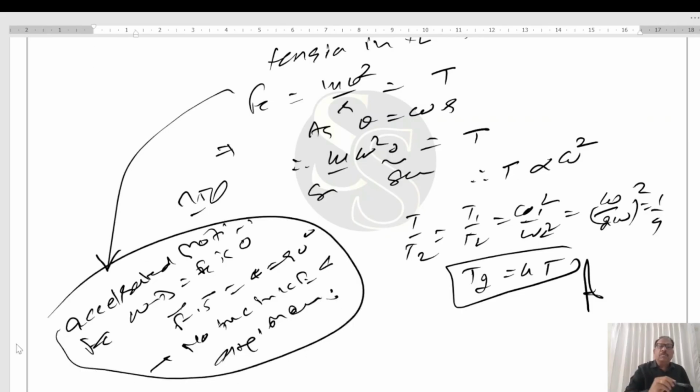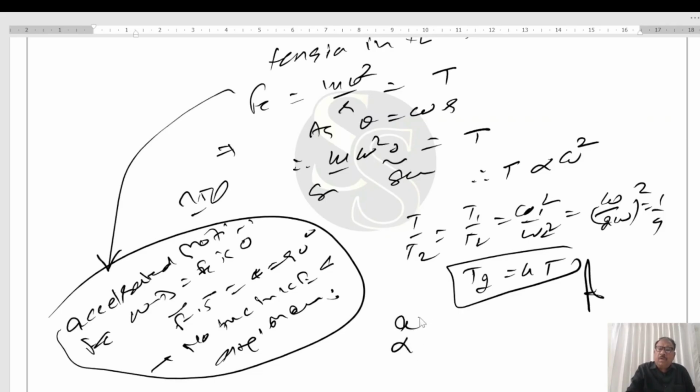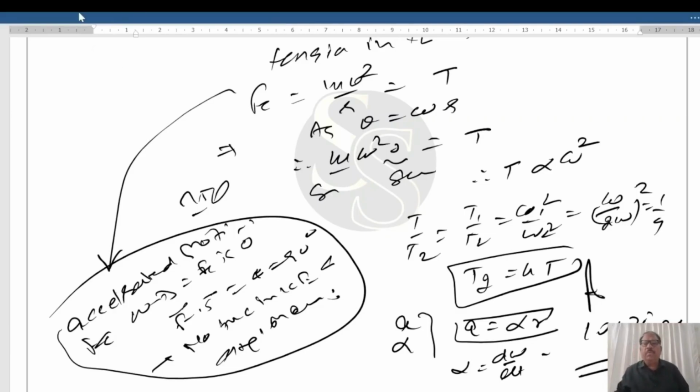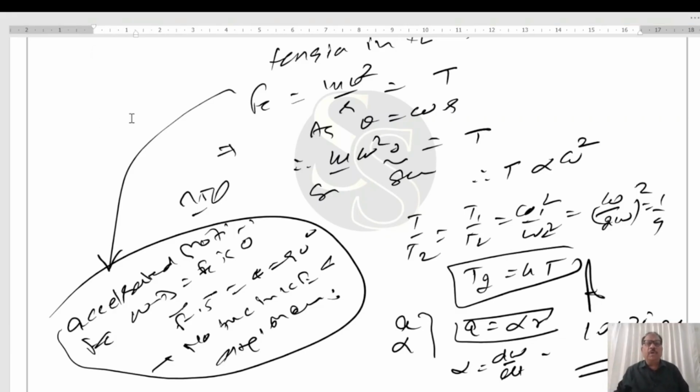These are all information points. Also, linear acceleration a and angular acceleration alpha: a equals alpha r, and alpha equals d omega by dt. Omega equals 2 pi by T equals 2 pi f. This is all additional information which may be very, very useful.